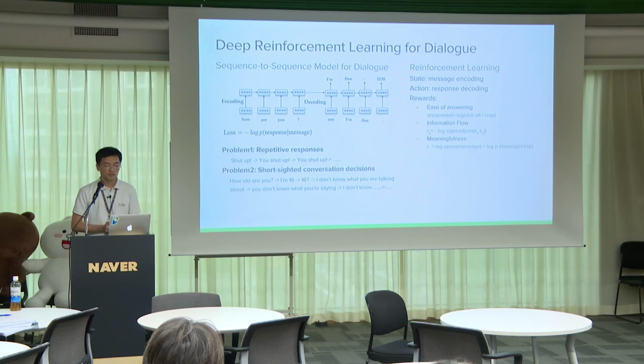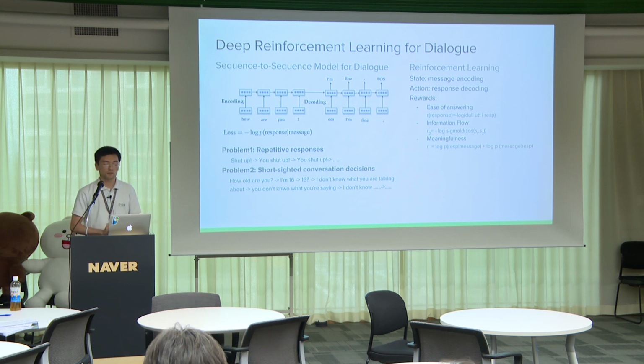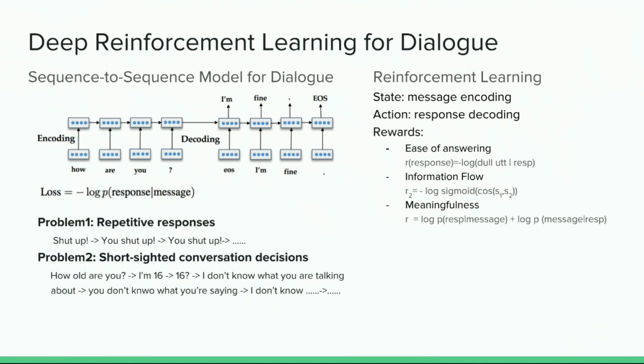The speaker talked about their research on a reinforcement learning-based dialogue model. In their model, they define state as the message encoding, and action is just the response decoding. And they define three rewards for reducing these two problems.